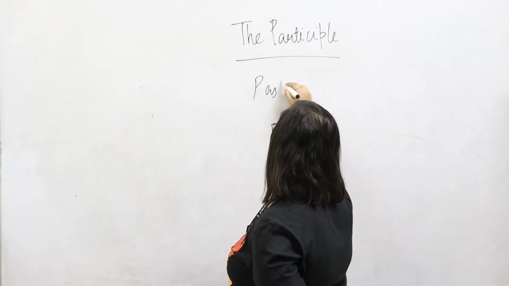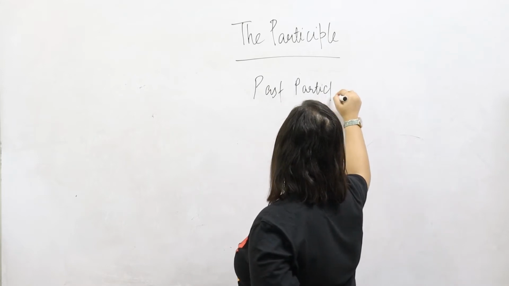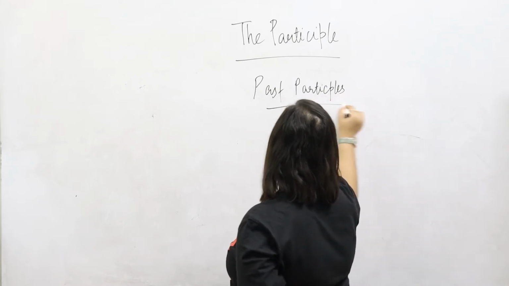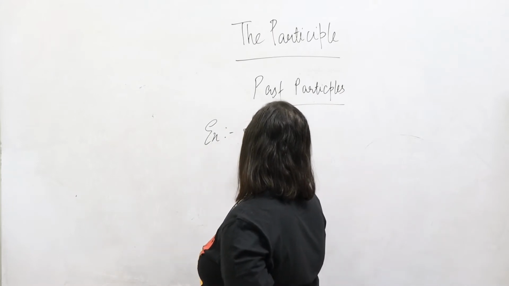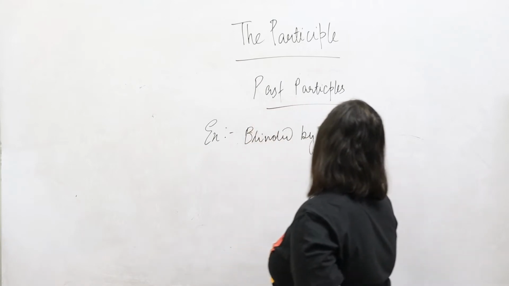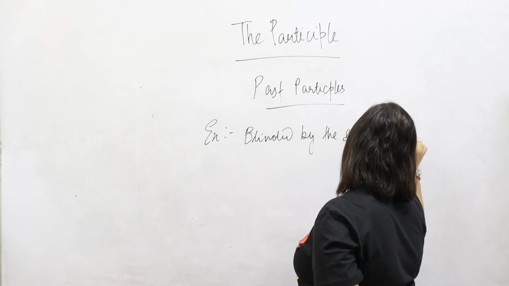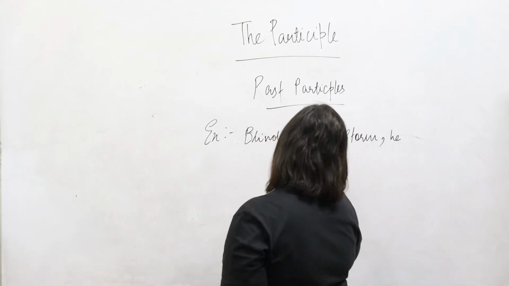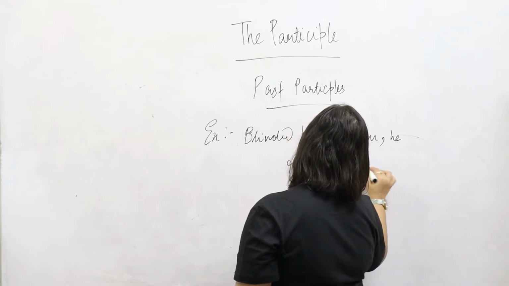So if we talk about past participles, the examples could be: blinded by the storm, he ran for shelter.